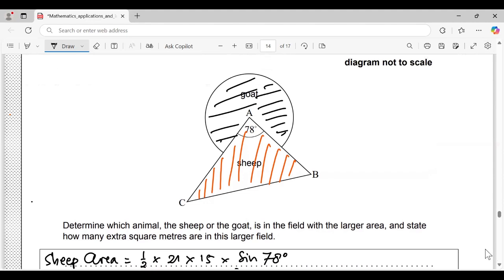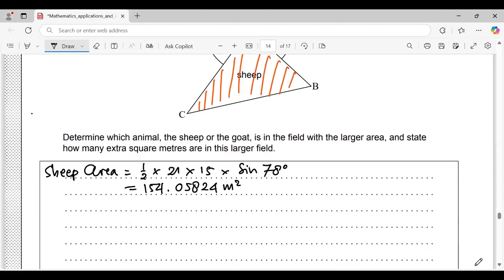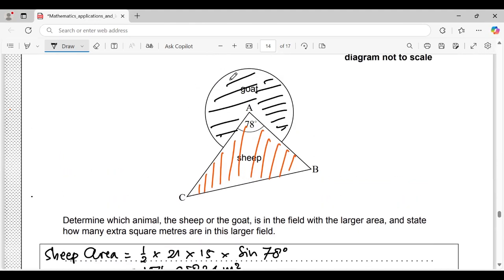Now we are going to calculate the ghost area. For the ghost area we can calculate the sector area. The major sector area, this, so it means that this angle is 360 minus 78, which is 282.